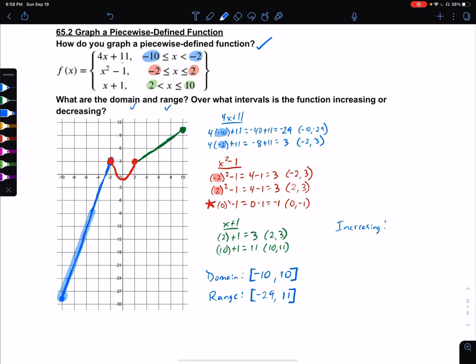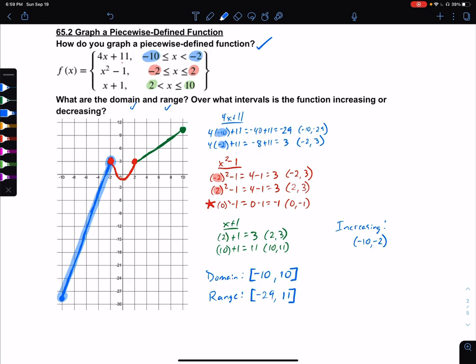It's going to keep going up until we get to this point here. So if I'm looking at x values, it's increasing from negative 10 to negative 2. Remember to use parentheses because at negative 10, it's not actually increasing. That's right where it starts. And then it stops increasing at negative 2.